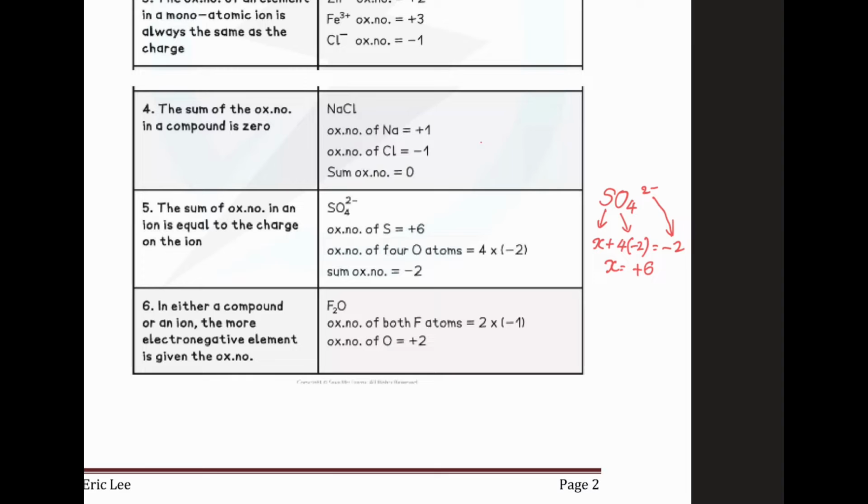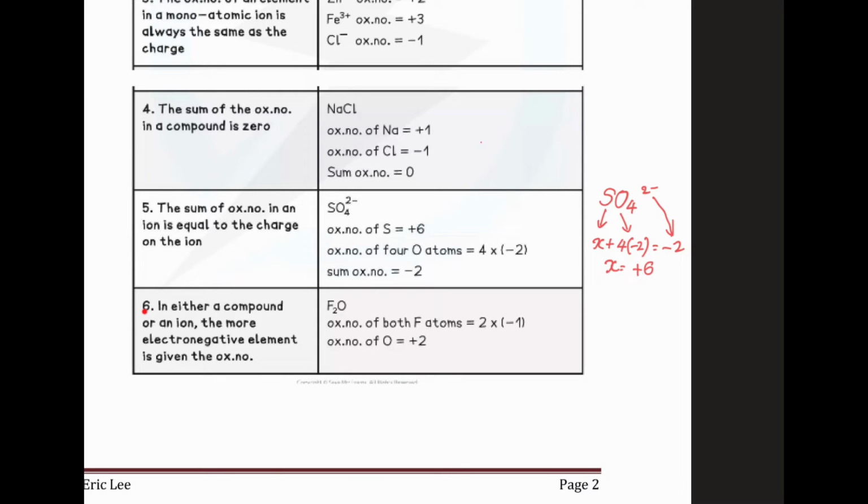So the oxidation number of sulfur is +6. Four oxygen atoms at -2 give -8, so 6 minus 8 gives -2. For the calculation part, we have to practice all this afterwards.